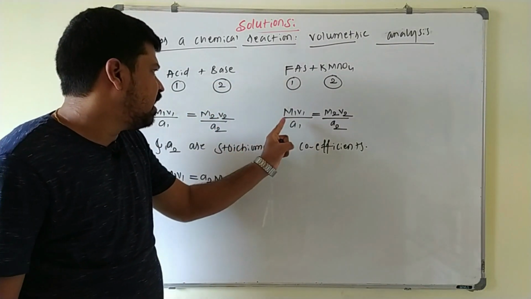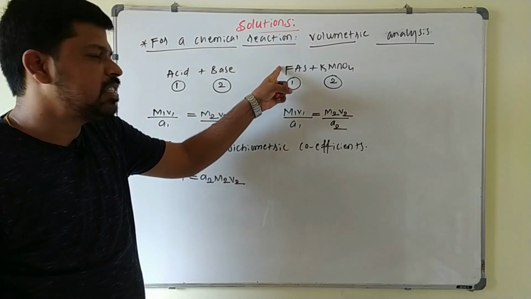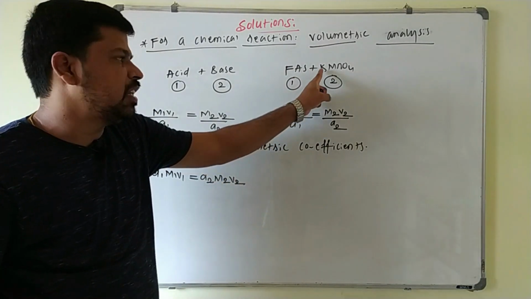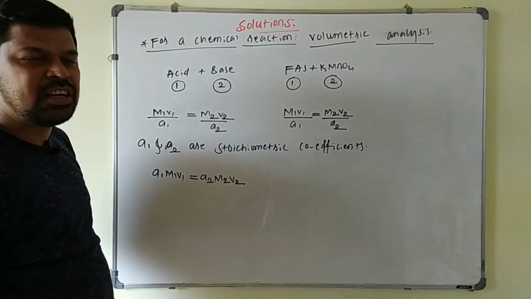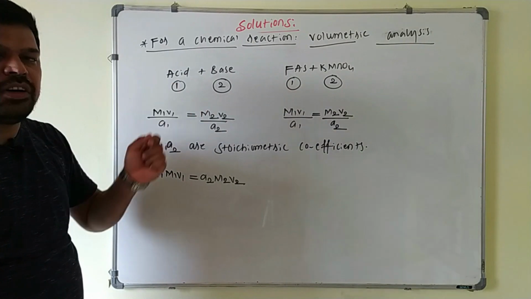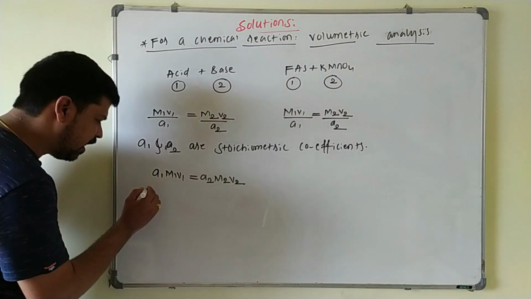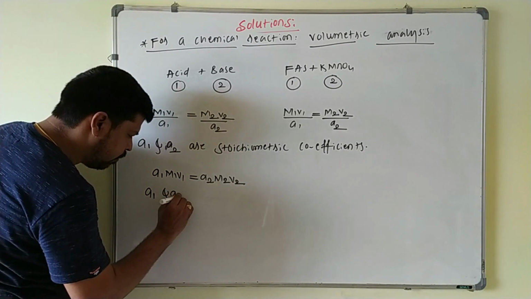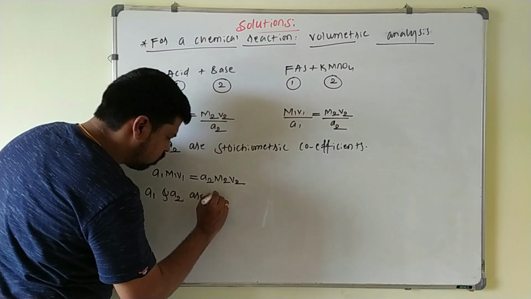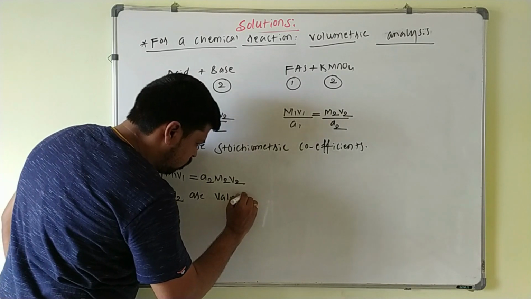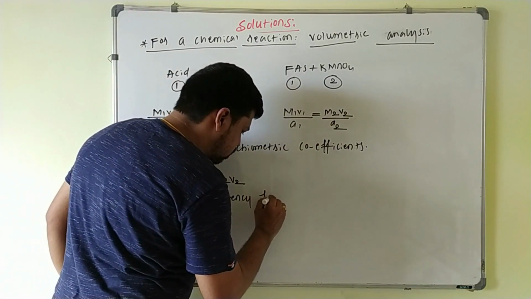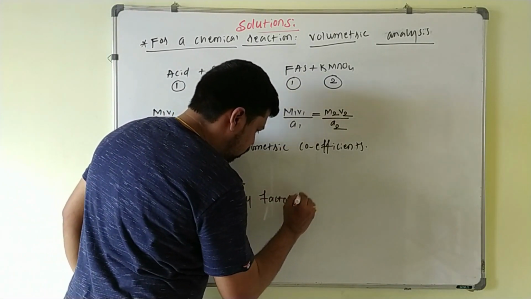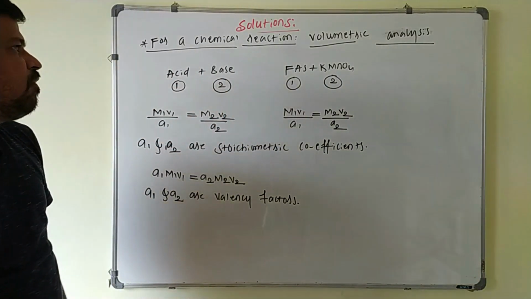Here in this case, A1 becomes the valency of FAS, A2 becomes the valency of KMnO4. Valency factors, already you know this in the case of equivalent mass. So if you write the formula like this, A1 and A2 are valency factors.